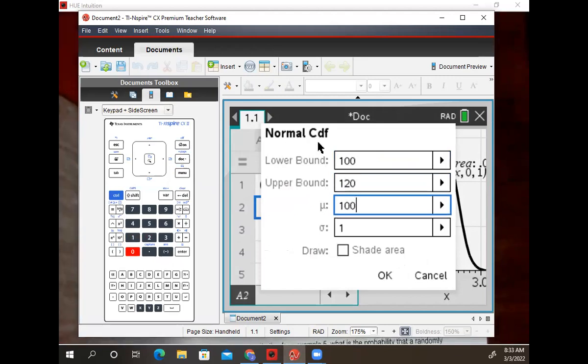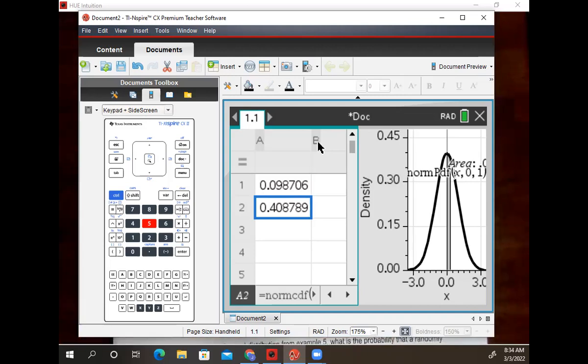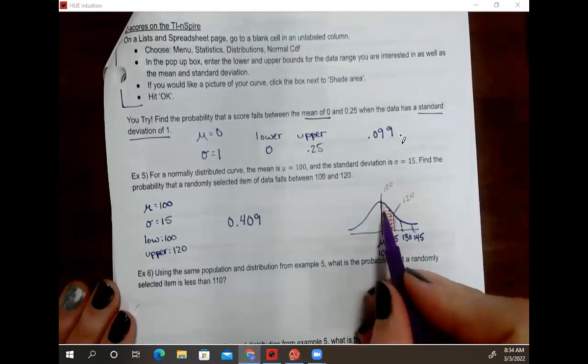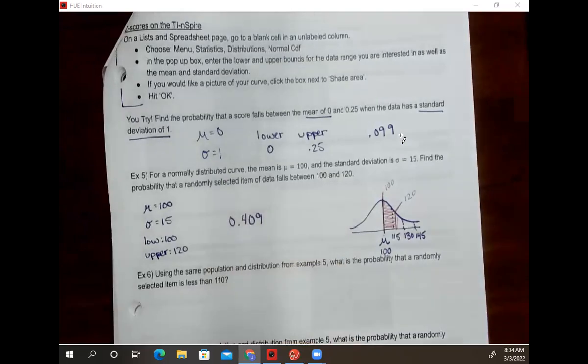This time my mean is 100 and my standard deviation is 15. Okay, there's my probability, 0.409 if we round to 3 decimal places here. Okay, which we said this should be more than 34%, less than 47.5, and that's what we get here, 40.9 as our probability.